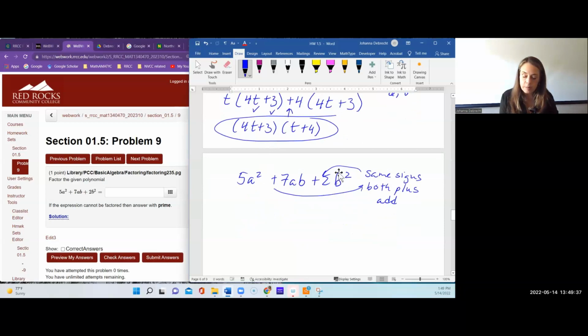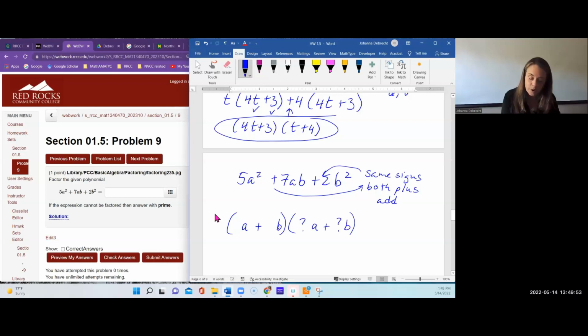This time, though, I've got a b squared at the back, which is a little unusual. How is this going to split apart? Well, we're going to get a number times a and a number times a, and then we have a plus and something times b and something times b. But we don't know what numbers are going to go where the question marks are. But we know they'll split up in that pattern.